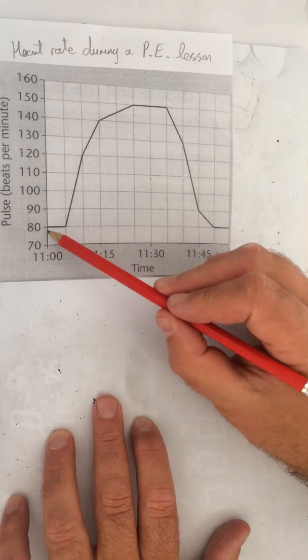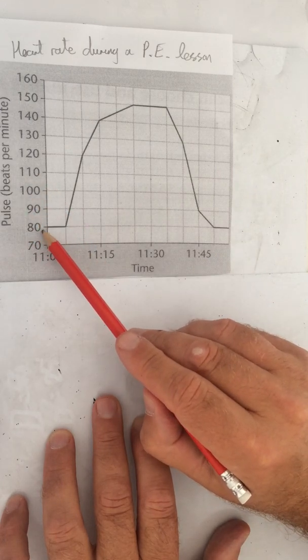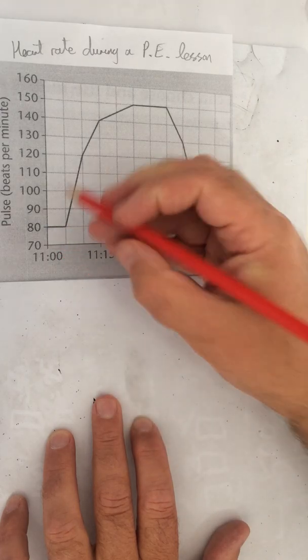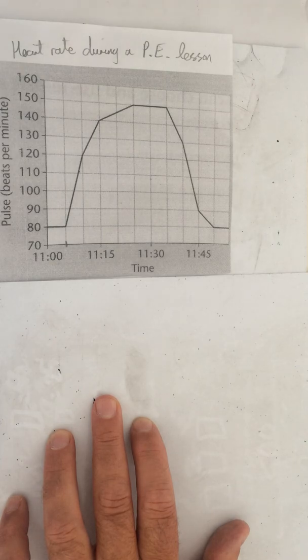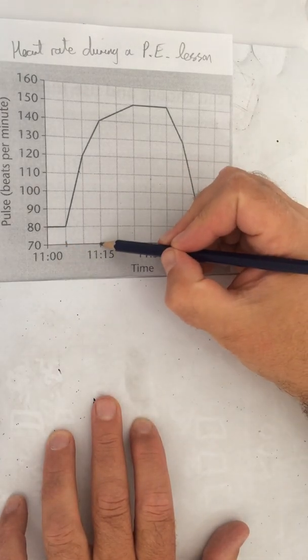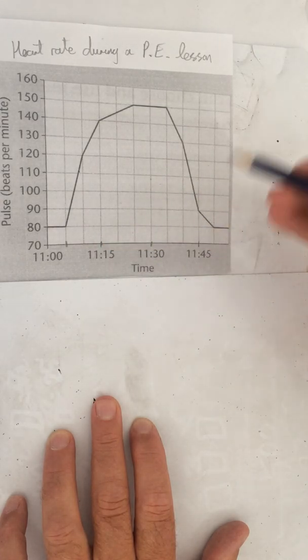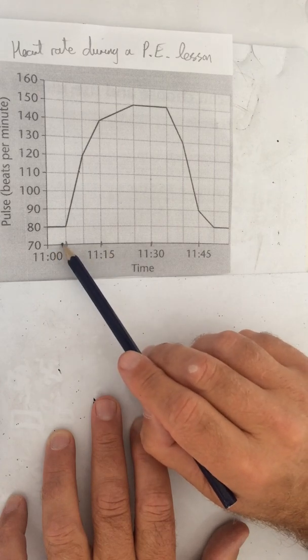So you can see here at 11 o'clock, this pupil's heartbeat is 80 beats per minute, and it stays at 80 beats per minute. What time is it here when her heart rate starts to rise? Again, this is a bit like the work we were doing in the last couple of lessons, where you just have to work out what each of these boxes is worth.